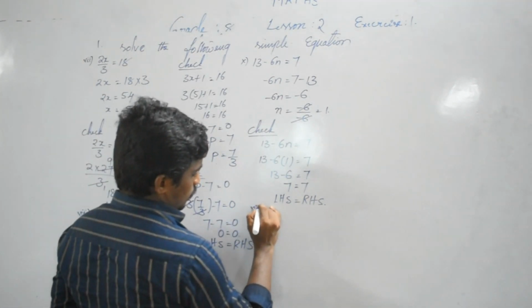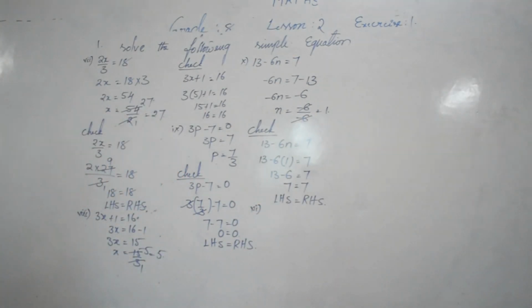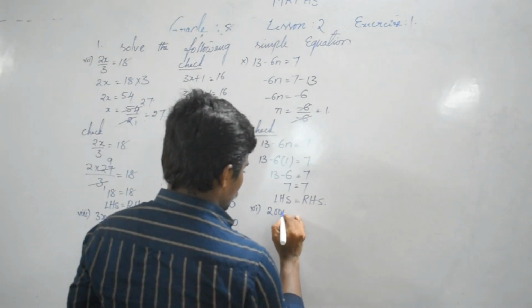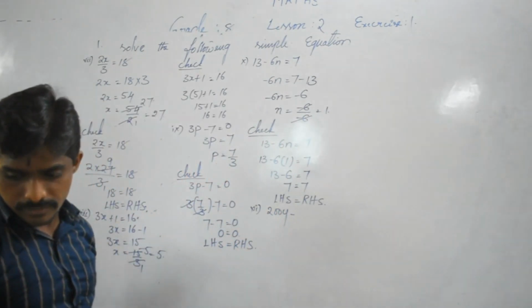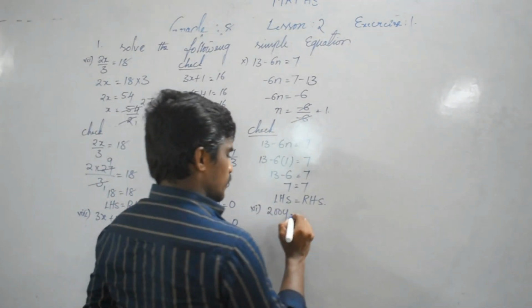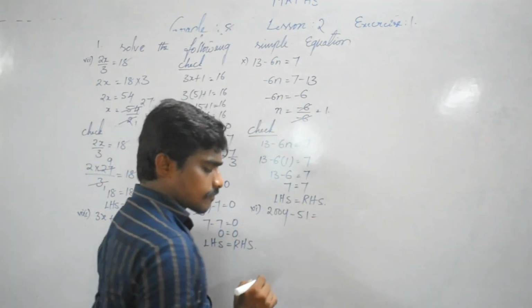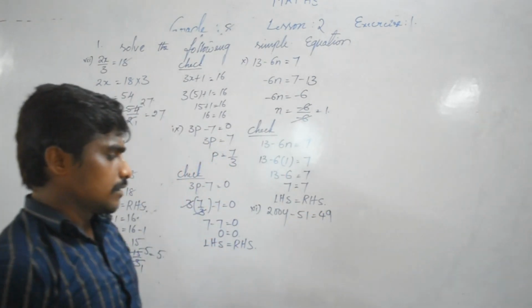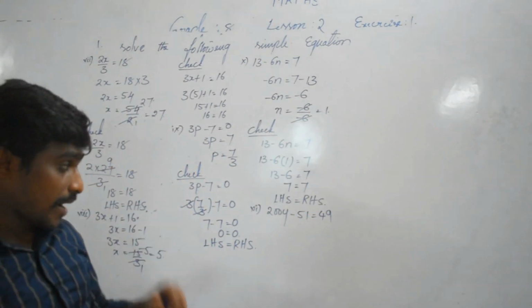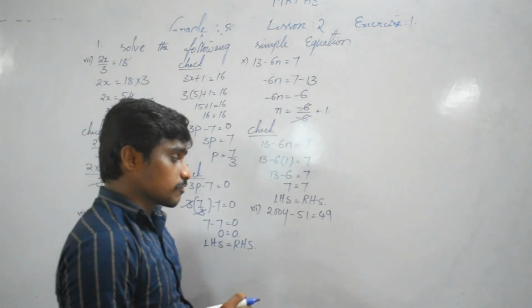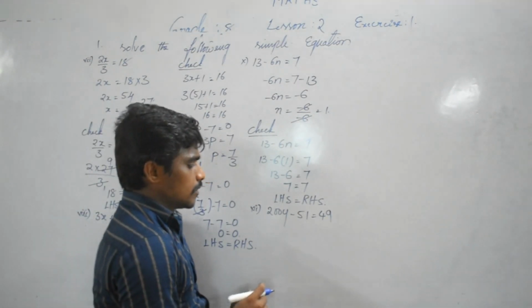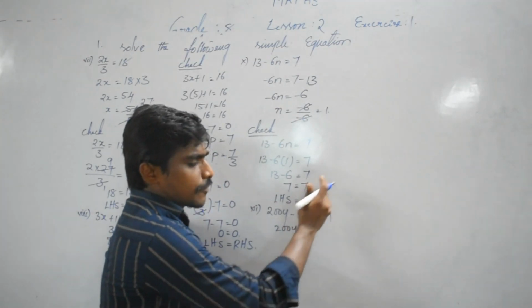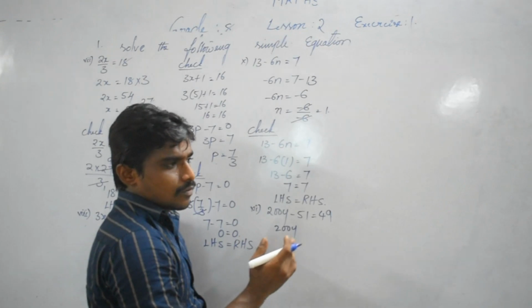Next one, 11th one. 200y minus 51 is equal to 49. So here 200y, minus 51 moving to RHS, what happens?